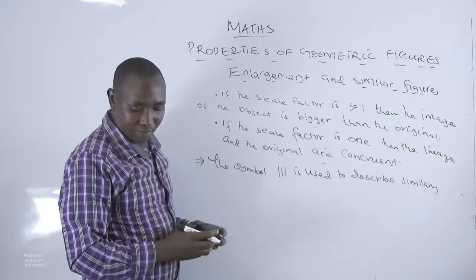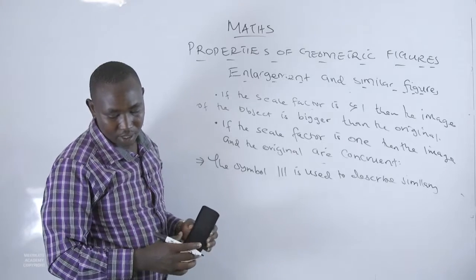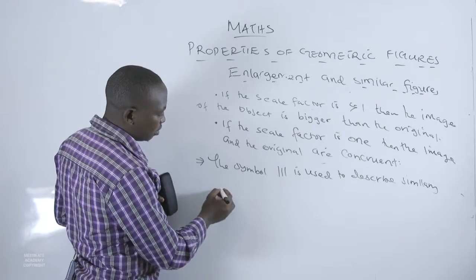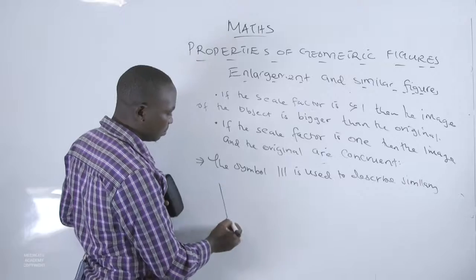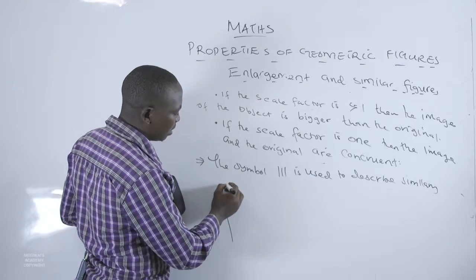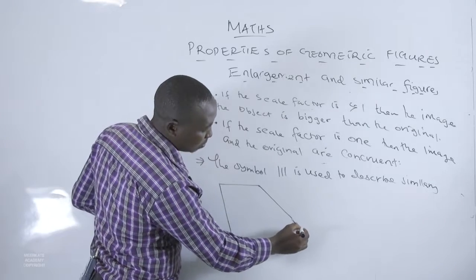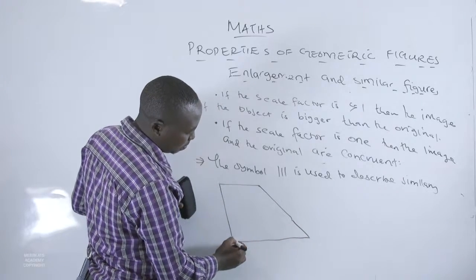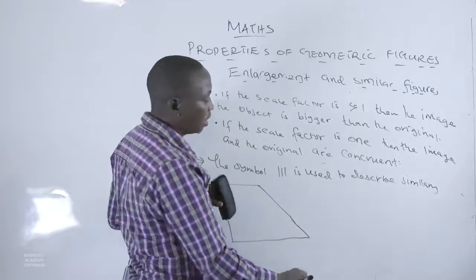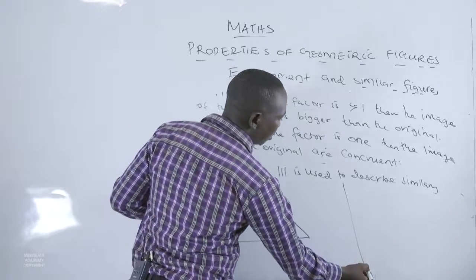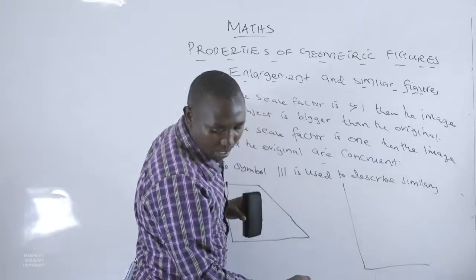For example, if we had 2 triangles, quadrilaterals of this form, then we have a much bigger one.